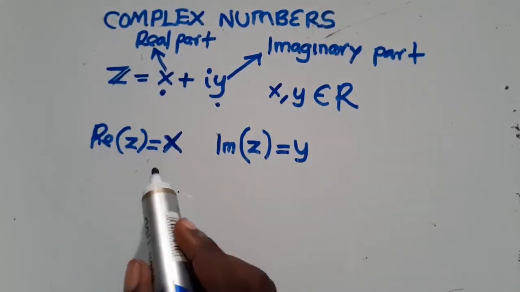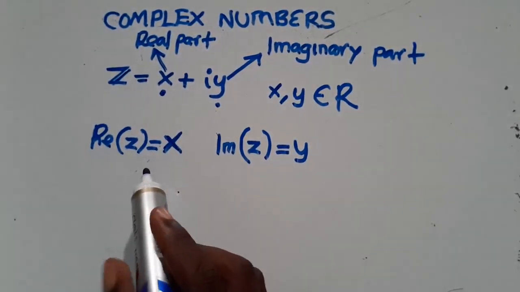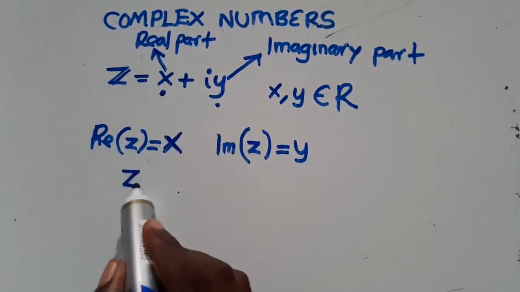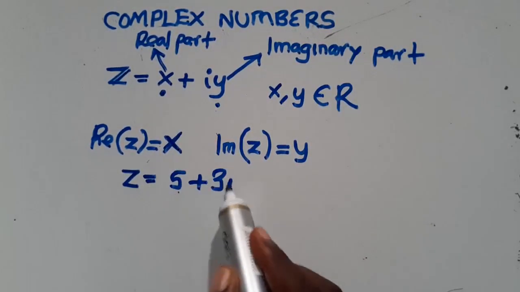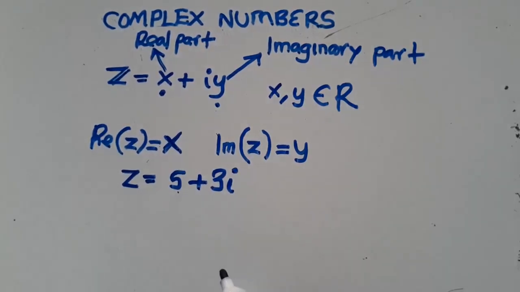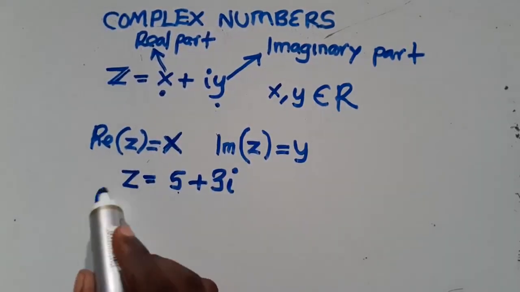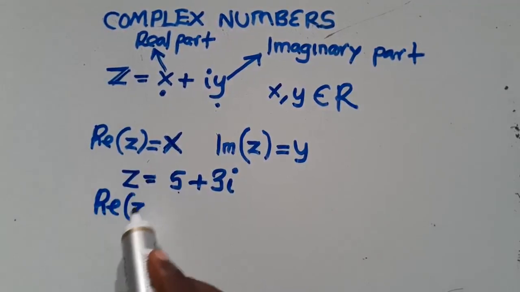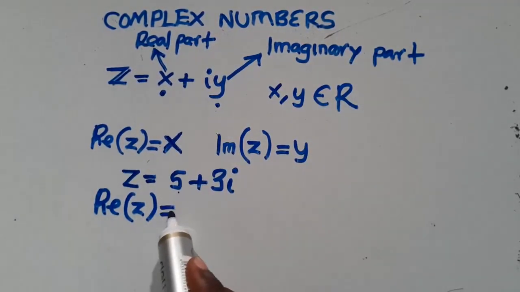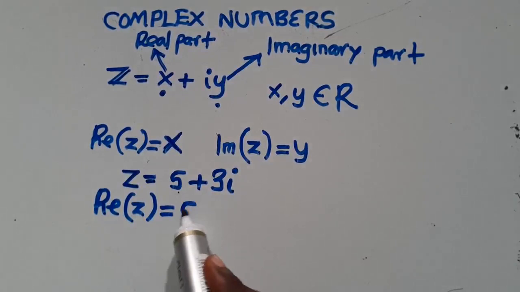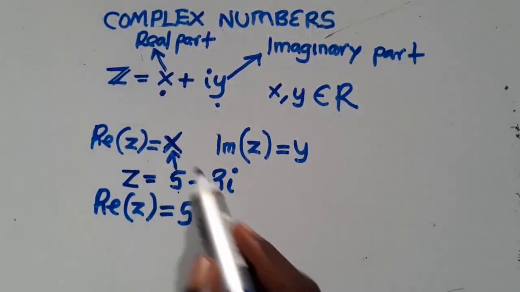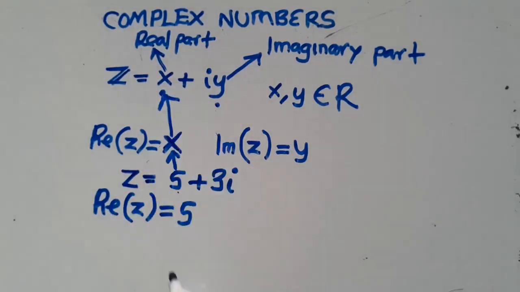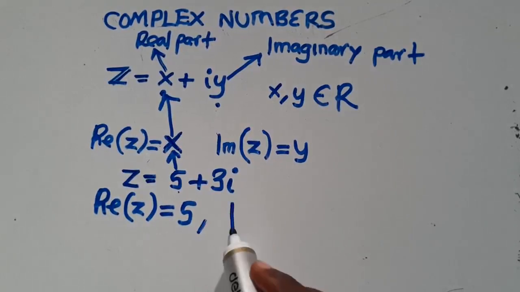Let's say if I give you a question here, z is equal to 5 plus 3i. What is the real part of z? The real part of z is 5, just a 5 there. Then you move to the imaginary part.